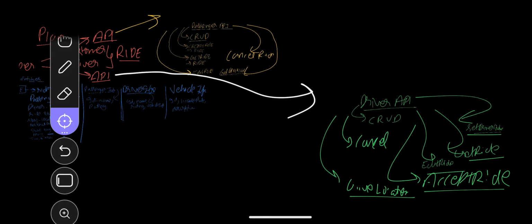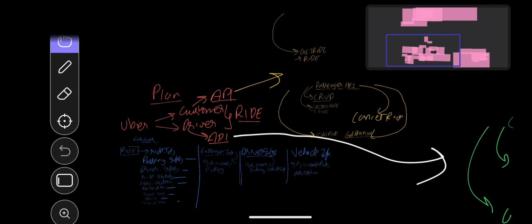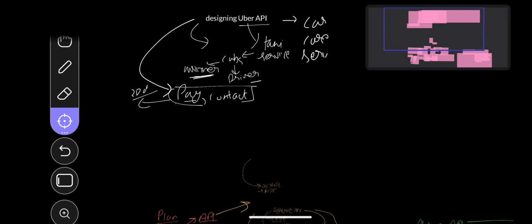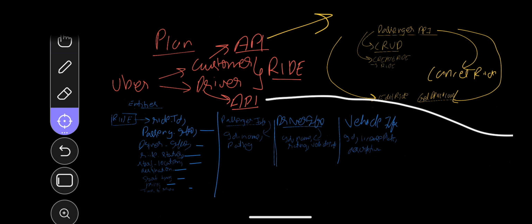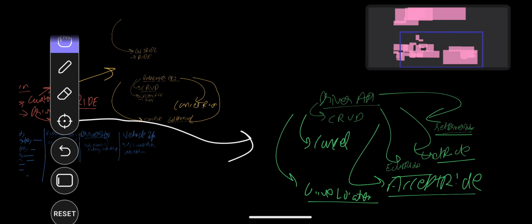When it comes to API designing inside system design, you just need to come up with a clear plan, what things are going to be there, what entities are going to be there, and accordingly you can decide all the things. We started by making a clear plan, then we divided the things into 2, the customer API and the driver API. Then we defined the entities: the ride entity, passenger info entity, driver info entity, and the vehicle info entity. And inside that we defined the 2 APIs, the passenger API and the driver API, right?